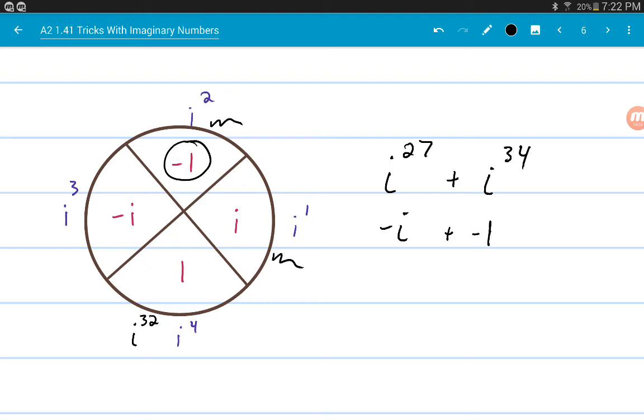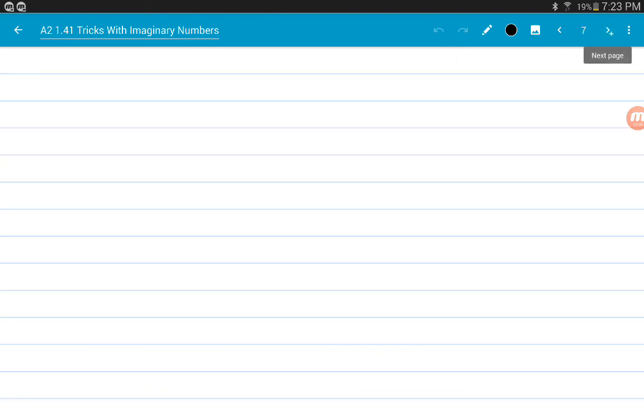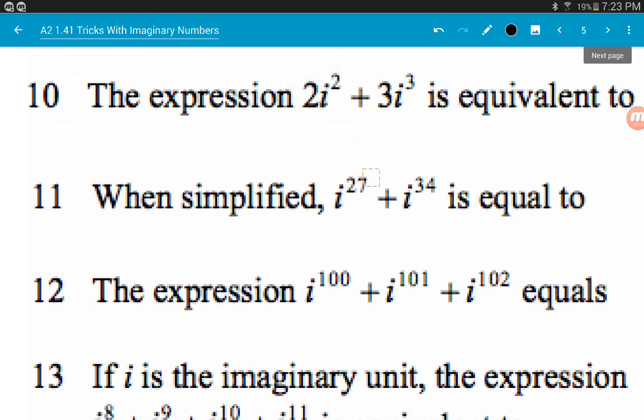So negative i plus negative 1. Those are not like terms, so they cannot be combined, but they need to be in a plus bi form. So they're written negative 1 minus i. And that would be the answer to question 11.